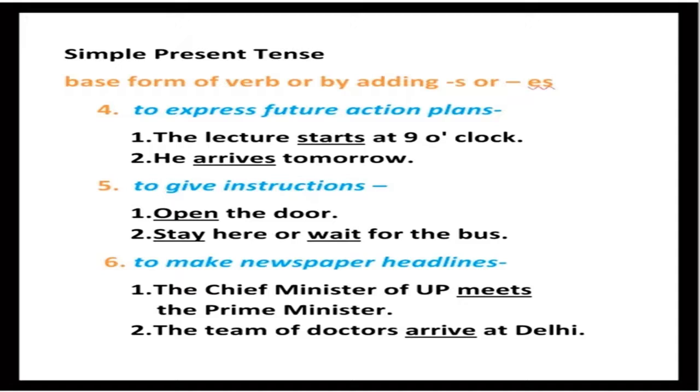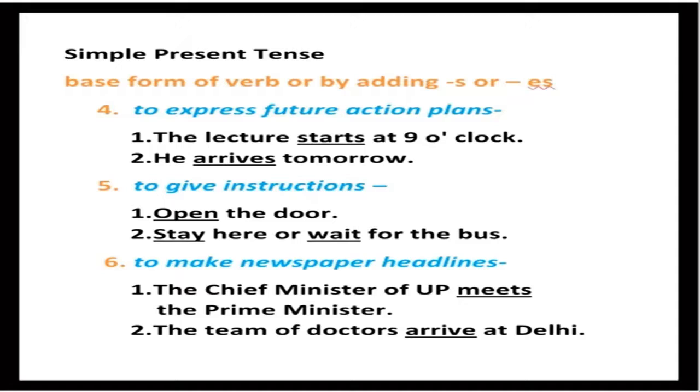The sixth and the last one is to make newspaper headlines. In the newspaper you might have seen the headlines are mentioned, so we can create newspaper headlines too by using simple present tense. The first example is the Chief Minister of Uttar Pradesh meets the Prime Minister.